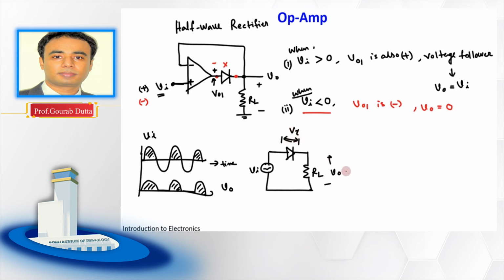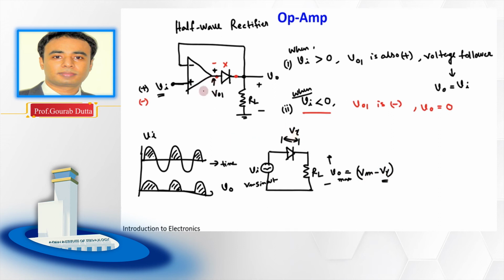So if this is Vm sine omega t, then the maximum V output, V out max, we get is Vm minus V gamma. So there will be a drop of this V gamma. For silicon diode it is around 0.6 or 0.7 volt.